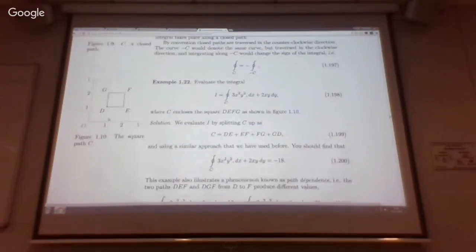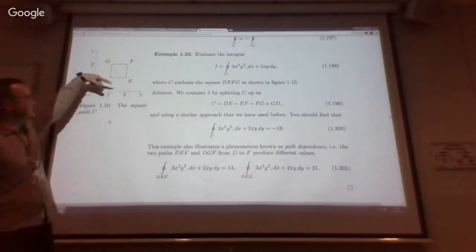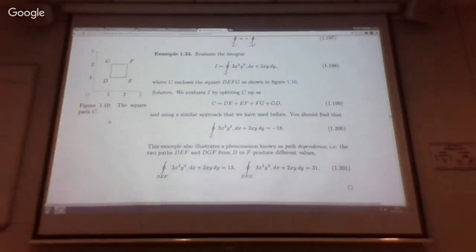And here in 1.22, we can give an example of a relatively straightforward closed path integral. We'll consider the square where x varies between 1 and 2, and so does y. So we've got this square here, D to E to F to G. There's a little arrow here, so we're going anti-clockwise around that square.